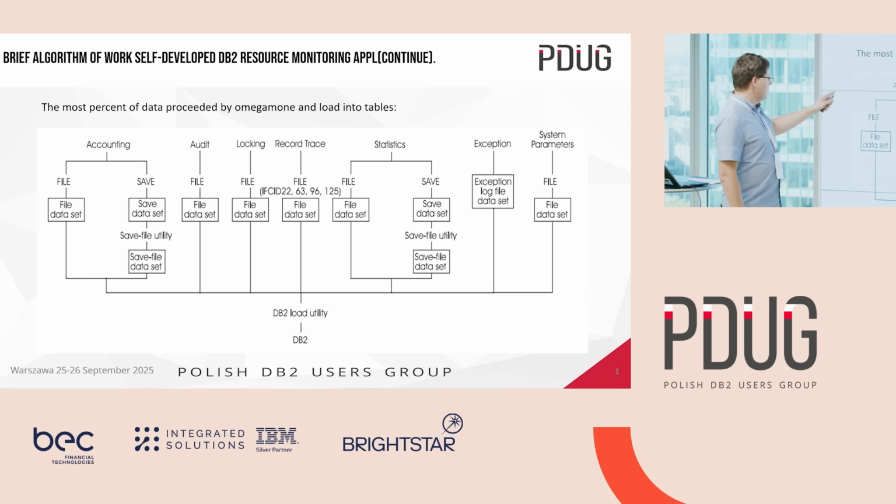Also, the accounting trace generates a save file dataset, which I then load using the load utility into the performance database. Also, I use audit trace, but it's not a performance case.